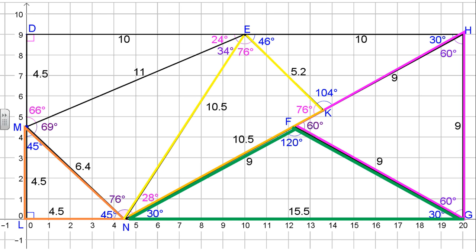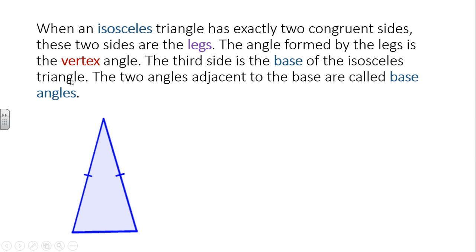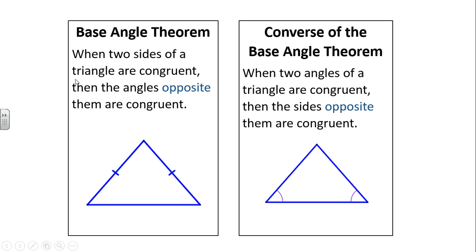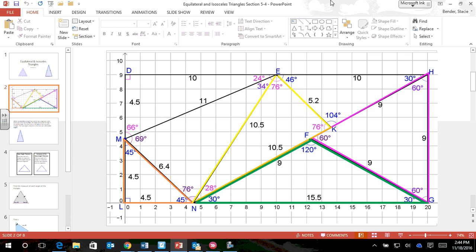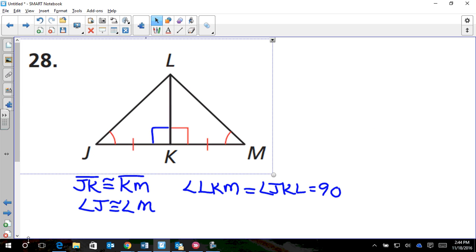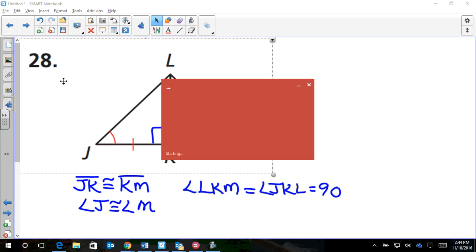So upper right triangle. What kind of triangle is this? It's a right triangle. And what about its sides? It is scalene. Scalene right or right scalene. It doesn't matter which order you tell it.